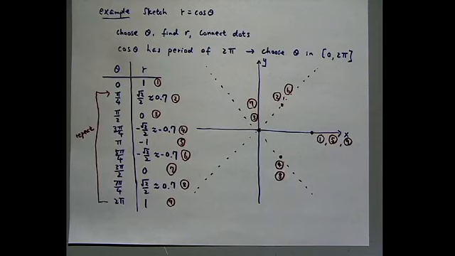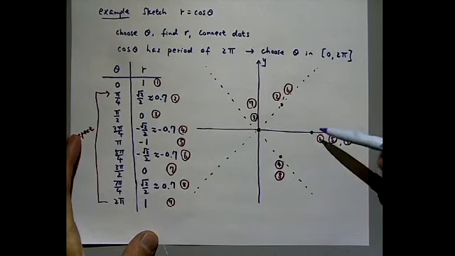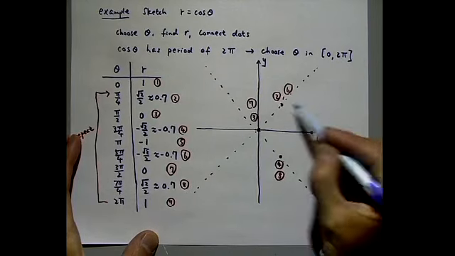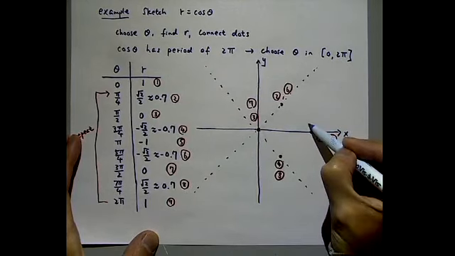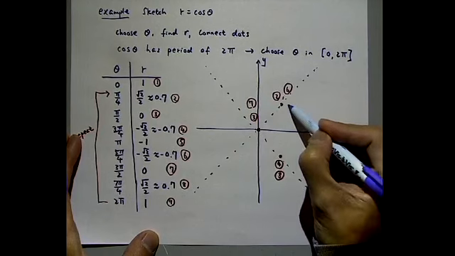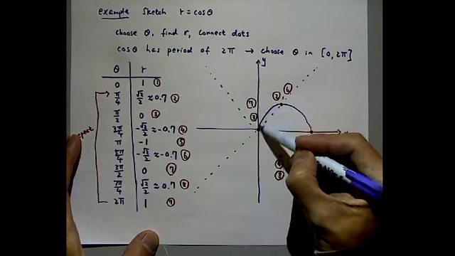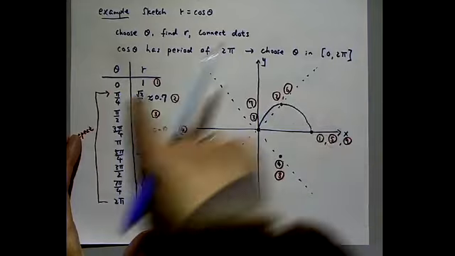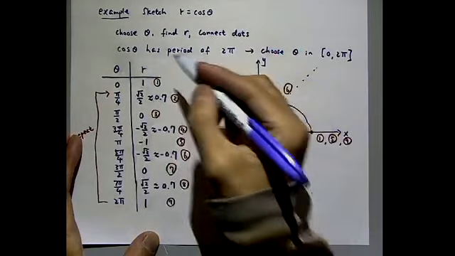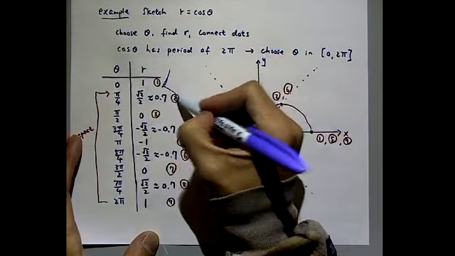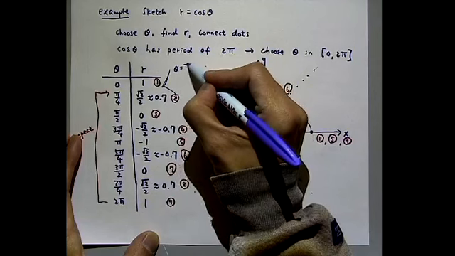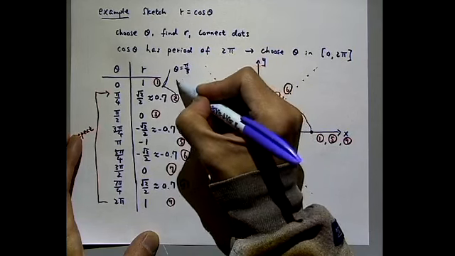Okay, see how we got these dots? 9 of them. Questions? Okay, now let's connect the dots. 1, 2, 3. So let's go this way. If you want to know what's between 1 and 2, you could always choose, for example, theta equal to pi over 3 to give me a better idea.